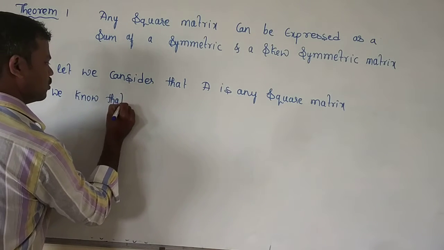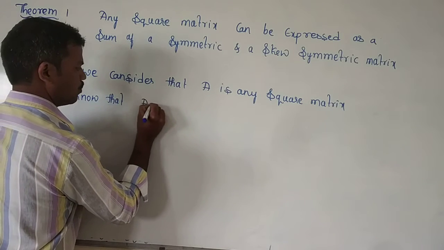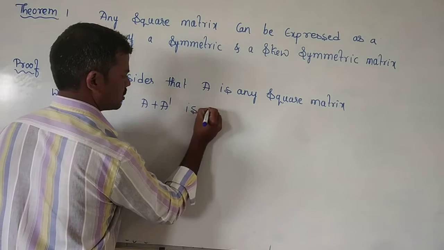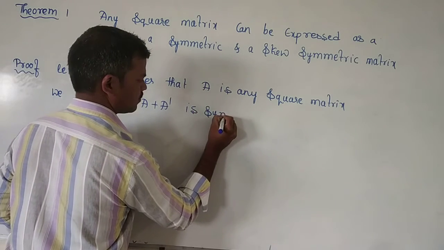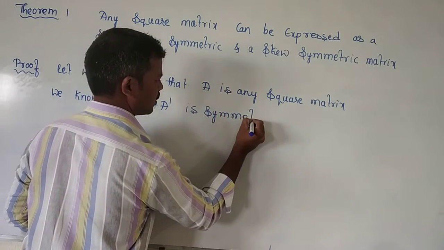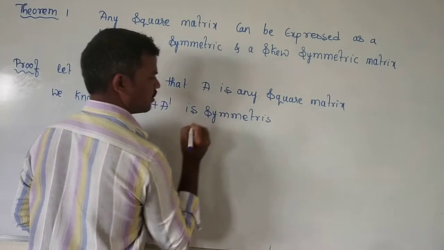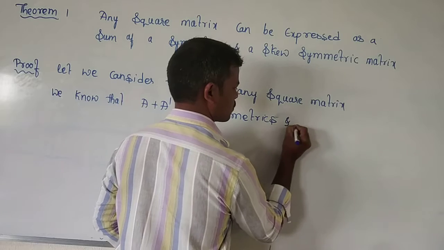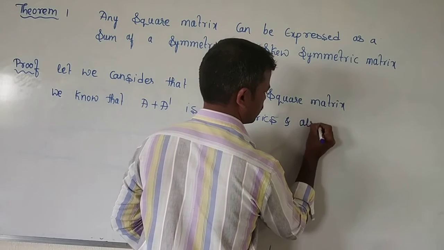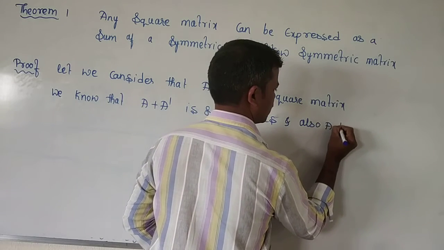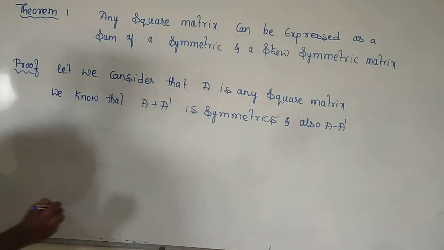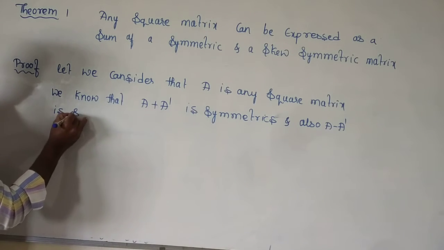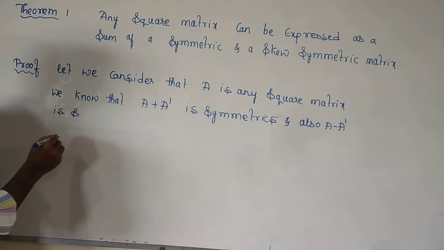A plus A transpose is a symmetric matrix, and also A minus A transpose is a skew symmetric matrix.